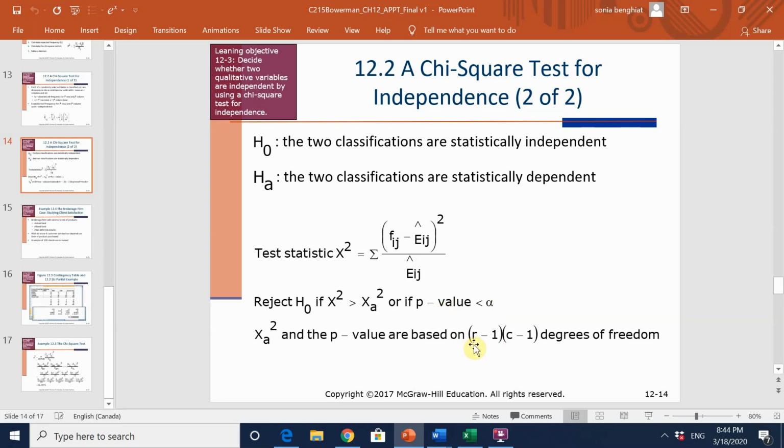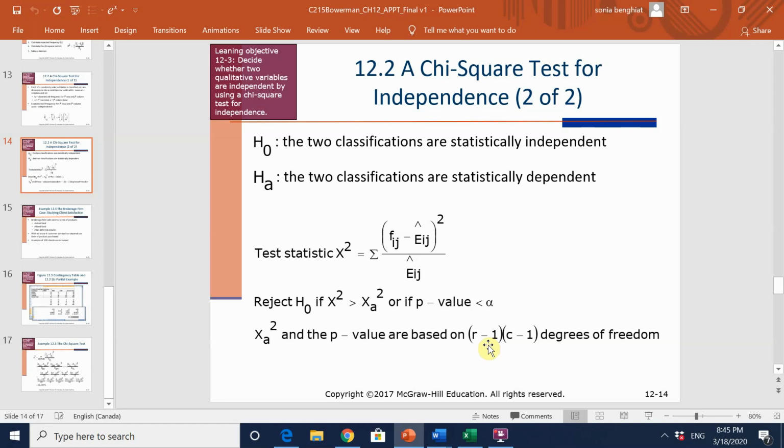So how do we calculate degrees of freedom in this type of hypothesis testing? Well, here we look at degrees of freedom as the product of the number of rows you have. In other words, the number of categories you have for variable 1.